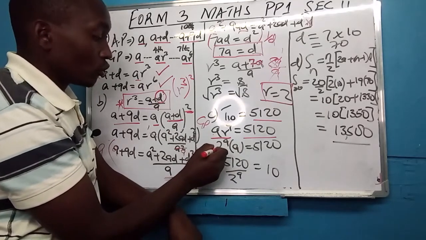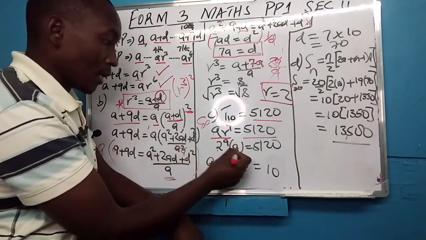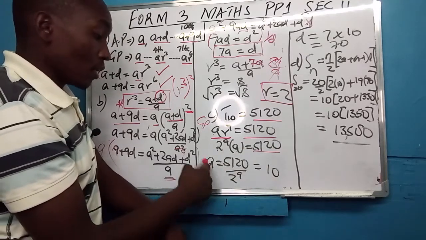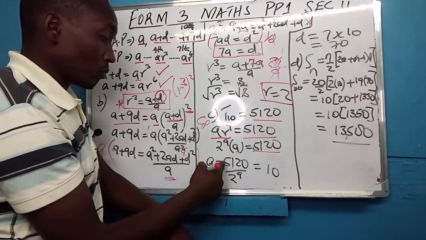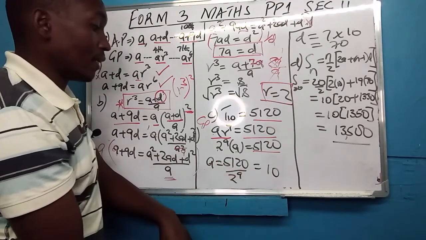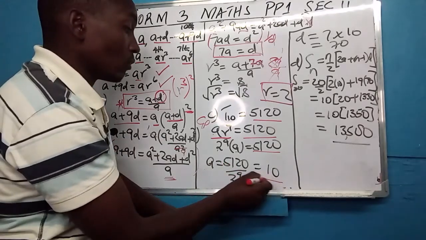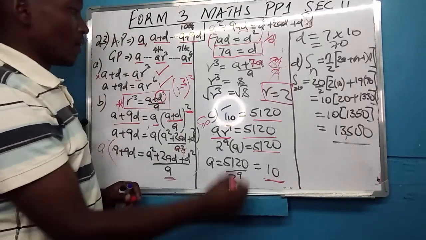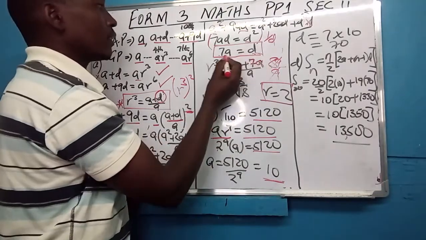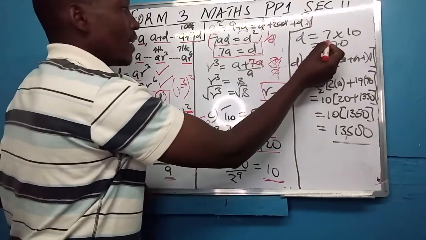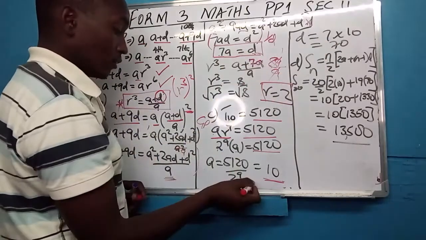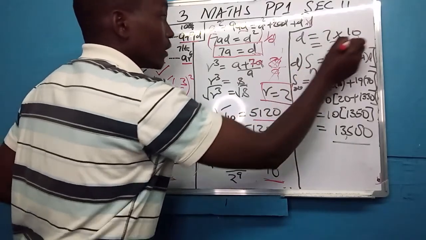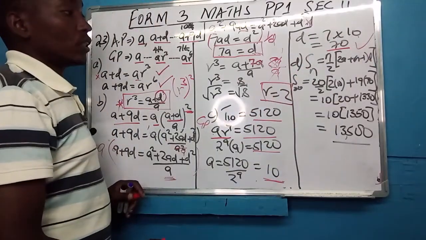It is 2. 2 to power 9 times A equivalent to that. The value of A would be 5120 divided by 2 to power 9, and your answer is 10. With that, you can use now the formula we had that D is 7A. So I have the value of A, so it will be 7 times 10, which is 70. And I have the value of D.